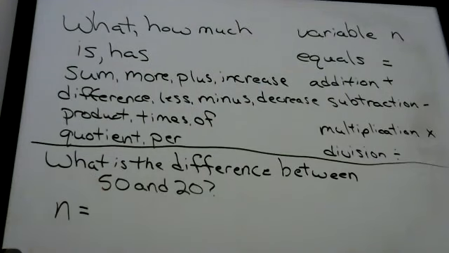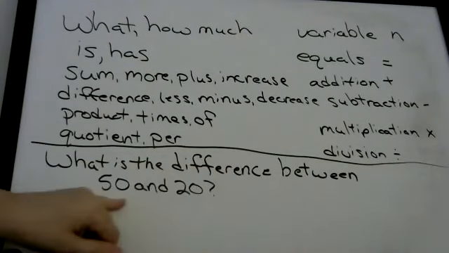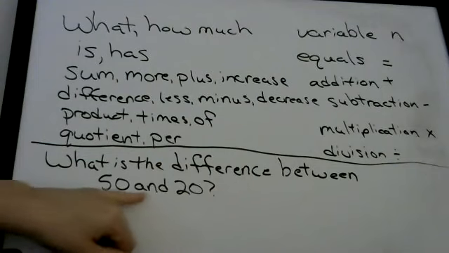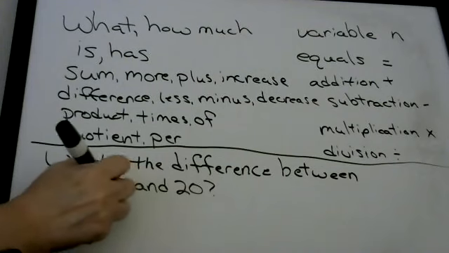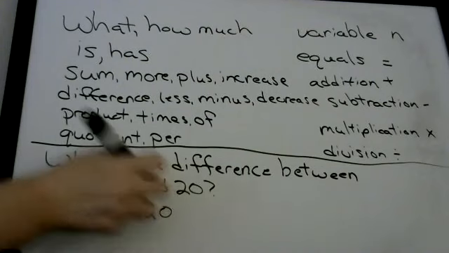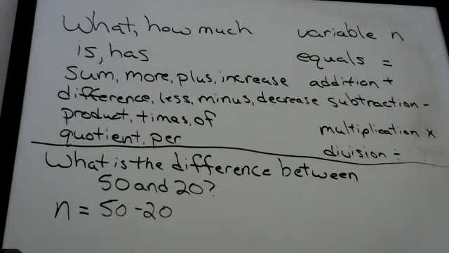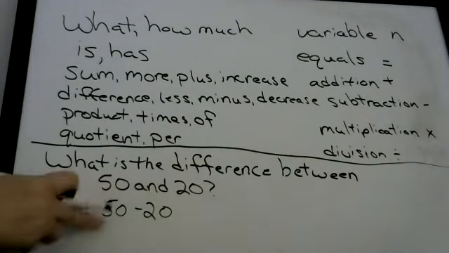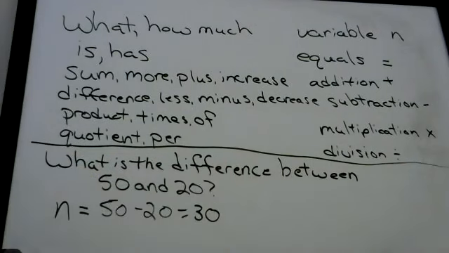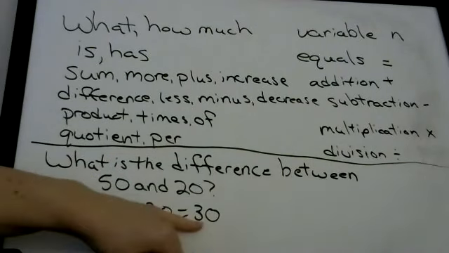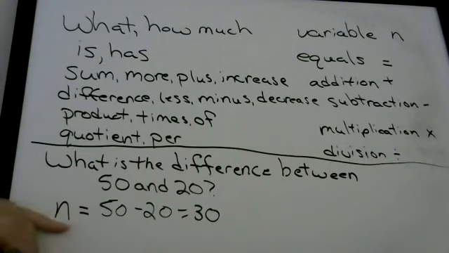So n equals the difference between 50 and 20. We know we're going to subtract, and it should make logical sense, so 50 minus 20. Well, 50 minus 20 is 30. So our answer is 30. Our variable, or what is the difference, is 30.